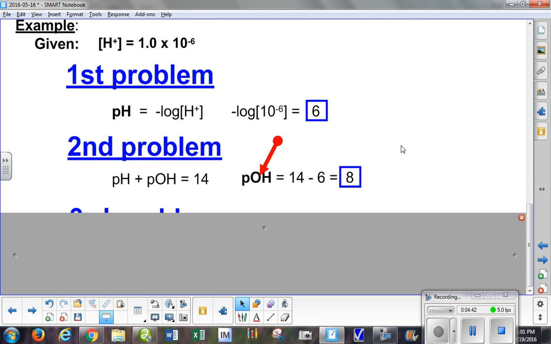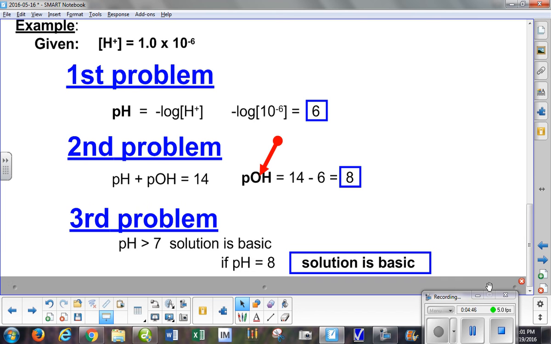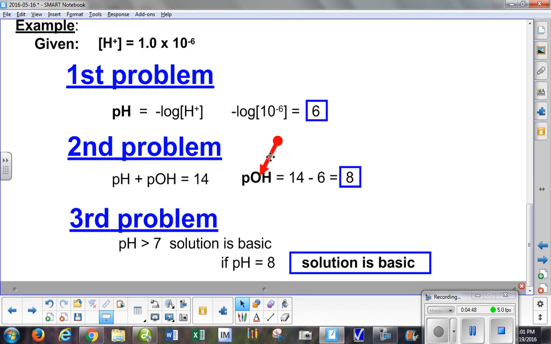And now we're going to determine whether this is an acid or a base. And we do that exactly the same way. Our reason is that pOH is greater than 7, and the solution is basic. So the solution's basic. Put boxes around your answers, and you're good to go.